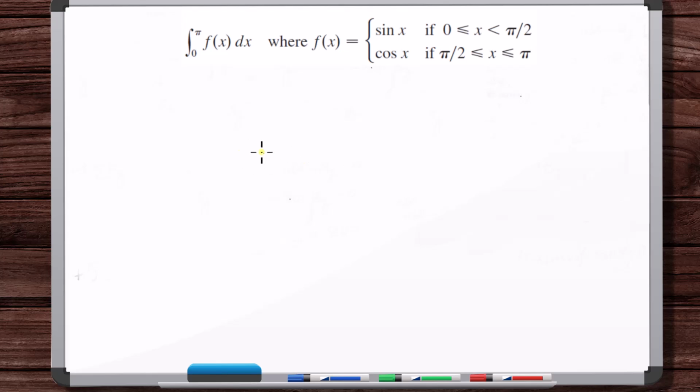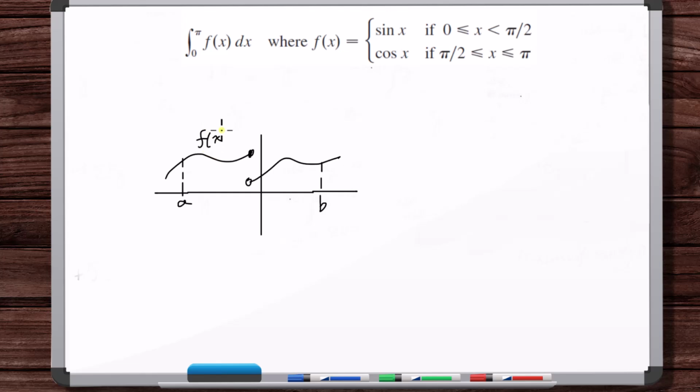Like if you had something like this, and so here's A and here's B, this is f of x, this is integrable from A to B. You can find the integral from A to B. It's the area under it, it's that area.